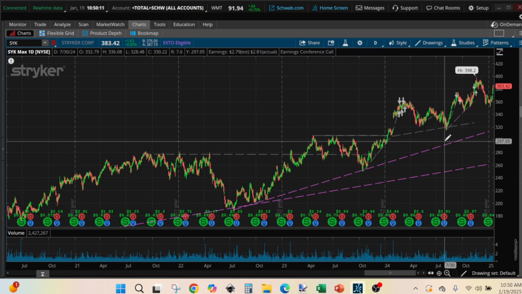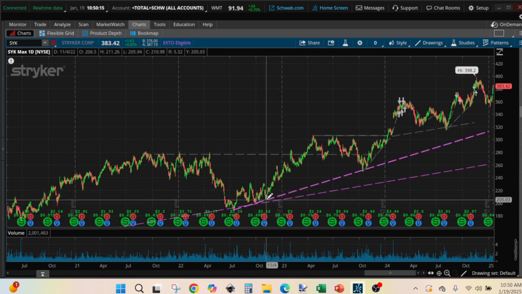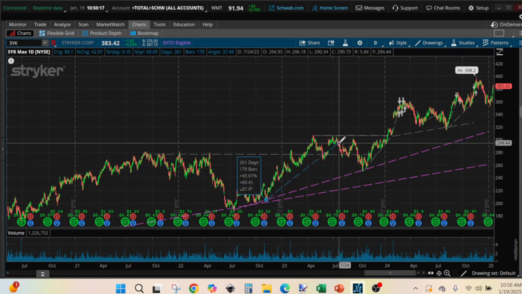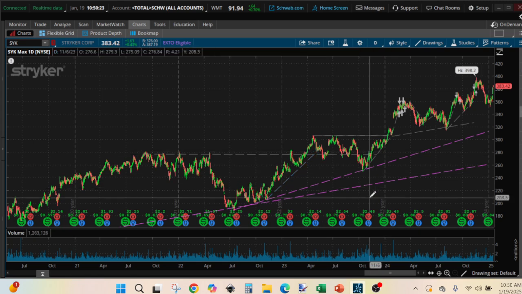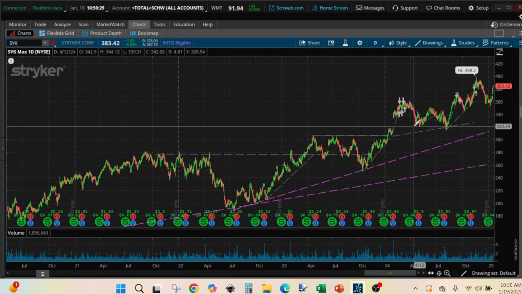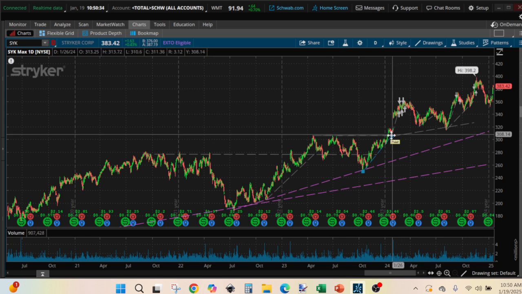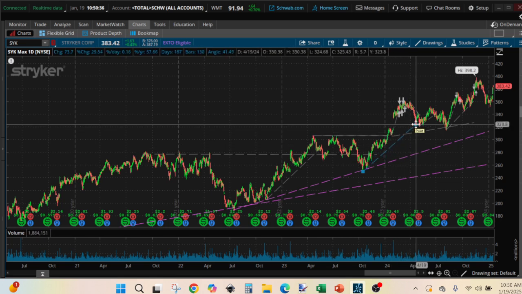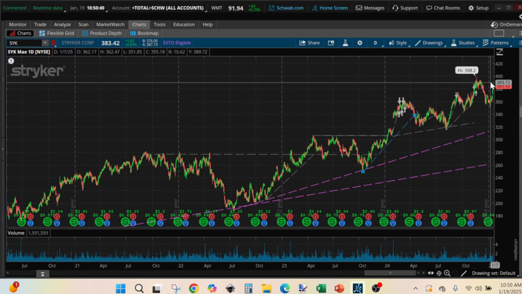But if I trace the shorter trend lines in it, this one will touch base with that. I don't know if it's meaning anything to us or not, and this one will touch base with that.